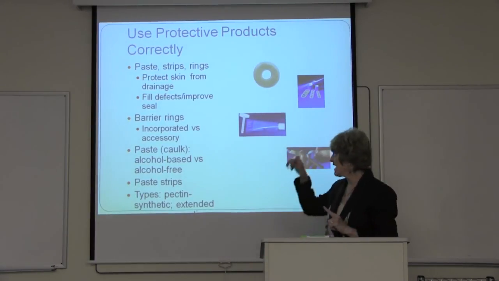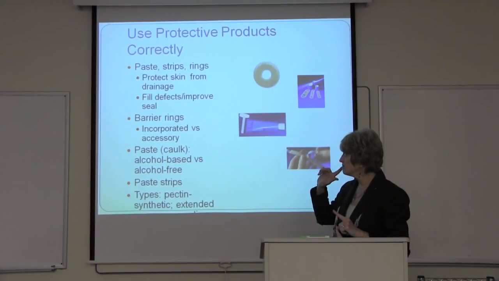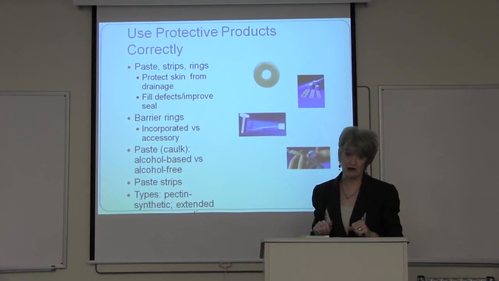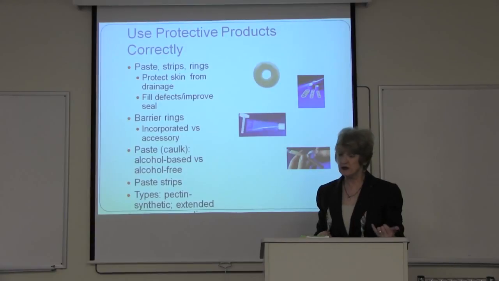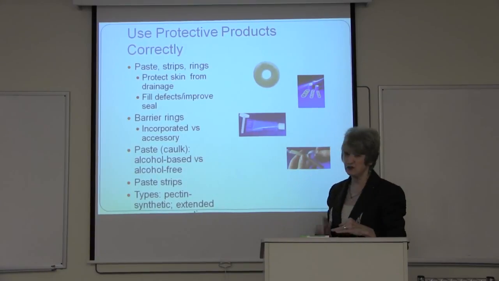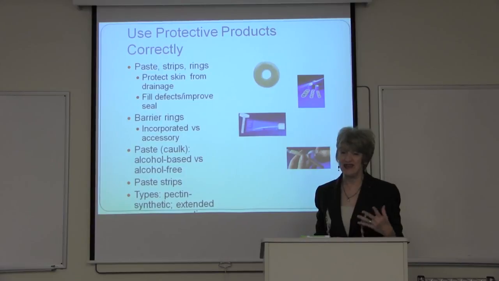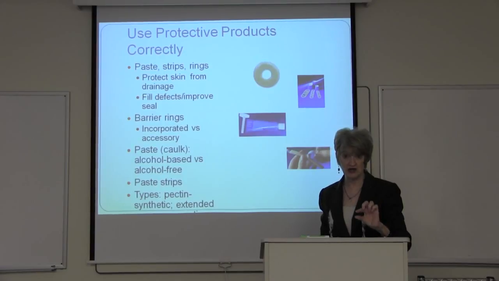But first I want to go back to the major benefits provided by your barrier products. Sealants waterproof and protect against tape damage. Barrier products actually protect the skin from the enzymatic drainage itself because they put that solid layer of protection between the skin and the drainage.